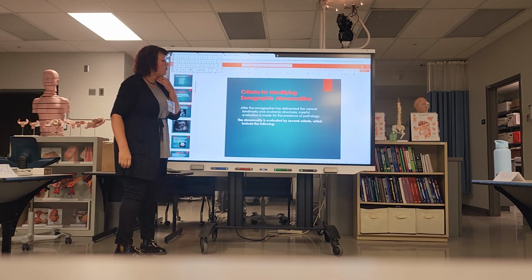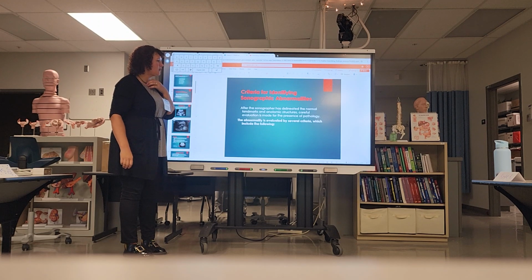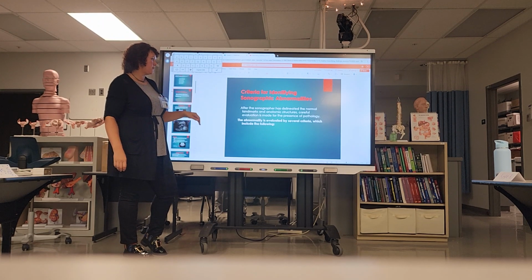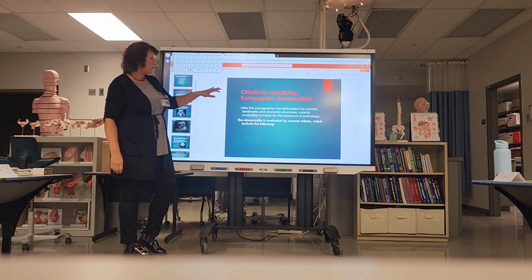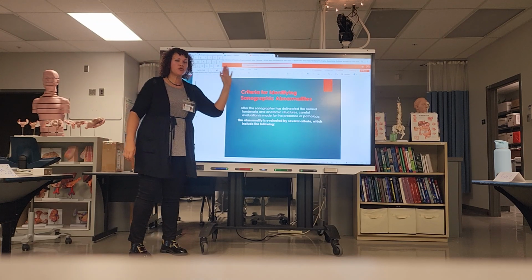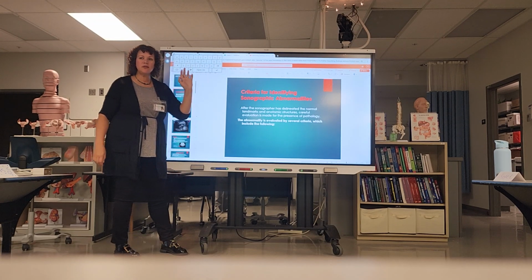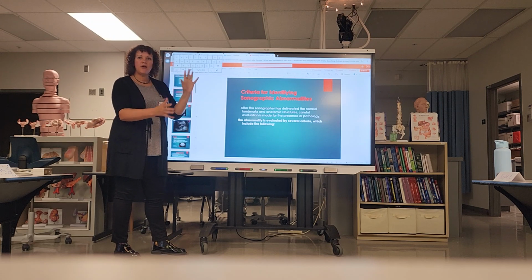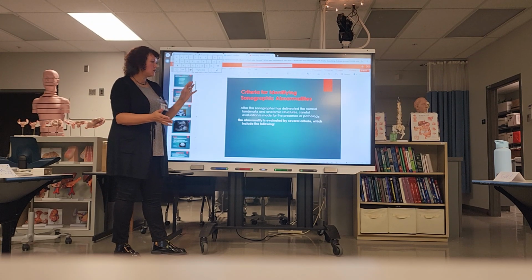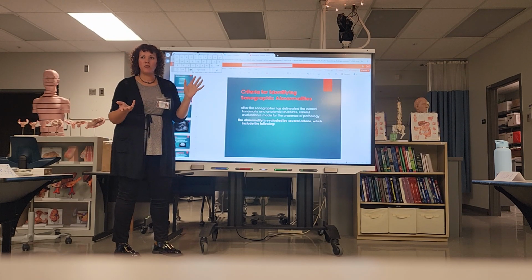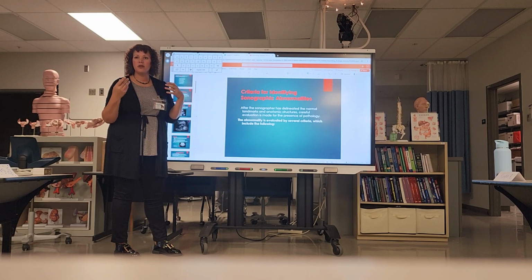Okay, so criteria for identifying abnormalities, right? After we've done a survey of our area of interest, and you've identified normal, then you're going to document anything that's abnormal, and then we're going to describe it in our notes.